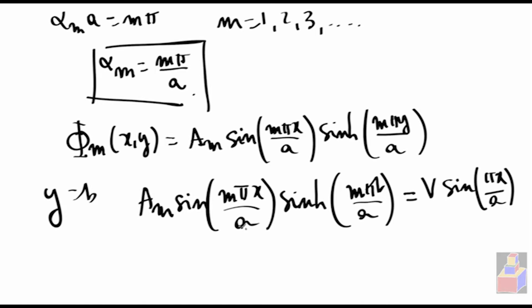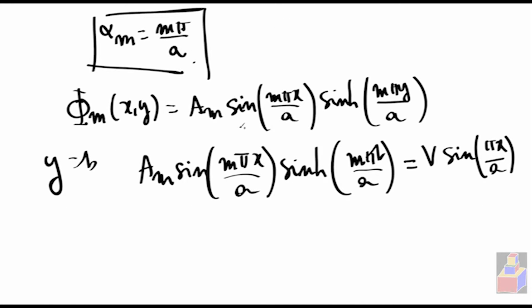If you look at those things, the only possibility of equaling those two is to choose the same scale factor here. So m has to be chosen equal to 1. Only one of the possible solutions has to be used.